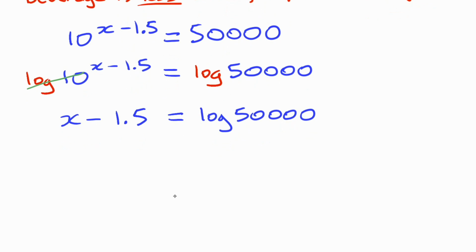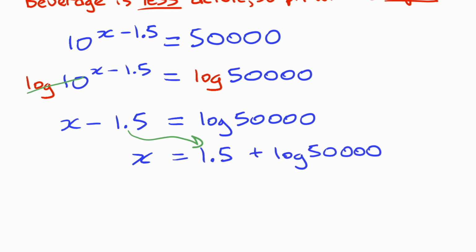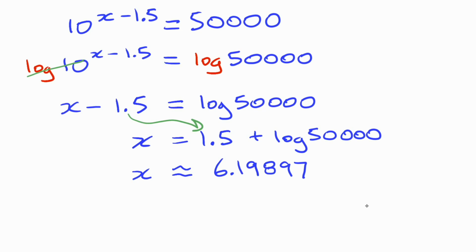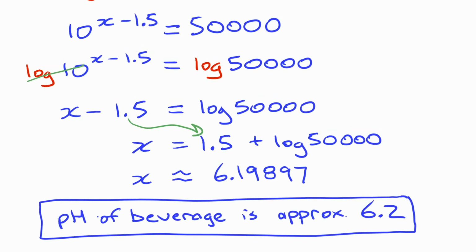To solve that, I think the best thing to do here is move that to the other side. And so you have just an x on this side, and then you have 1.5 plus log of 50,000 on the other side. If you go to your calculator, you're going to find that that is roughly 6.19897, or we can say roughly that is pH of 6.2 for that beverage.